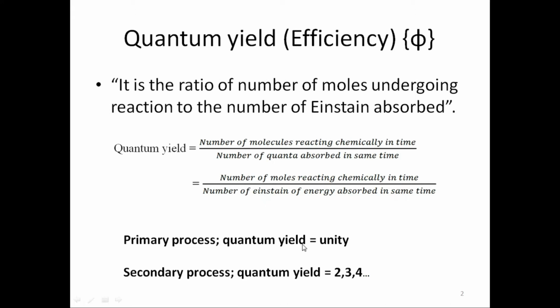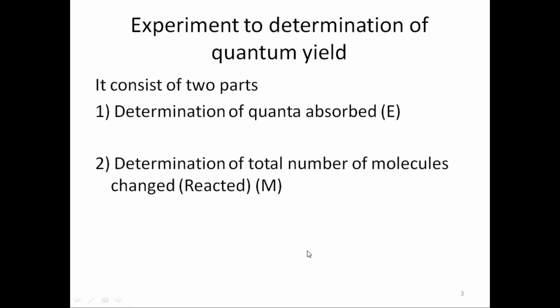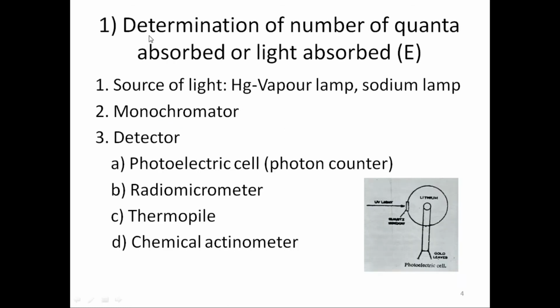For a primary process where the law of photochemical equivalence applies, the experimental determination of quantum yield consists of two parts: determination of quanta absorbed, E, and determination of the total number of reactant molecules changed during the reaction, that is M. Let us see the first one, determination of the number of quanta absorbed, or light absorbed, E.